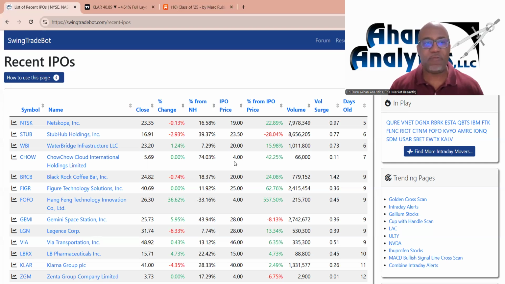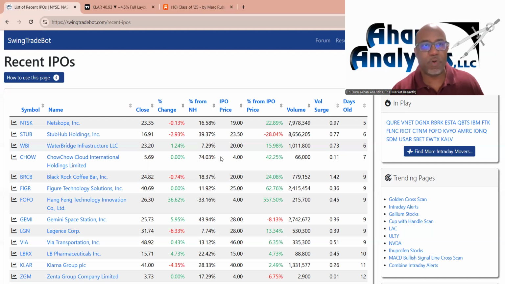Because we have very limited information sometimes on IPOs, the price action becomes very important. All that to say, having this IPO price now in SwingTradeBot's recent IPO list allows me to get a good reference point. And of course, there's this column here for percent from IPO price that helps me do the percentage calculation to know just how far away the stock is.